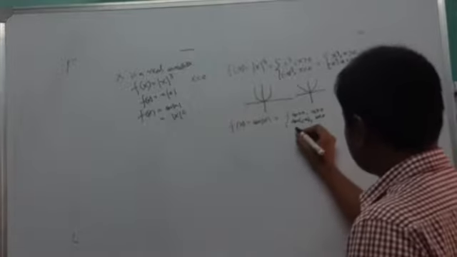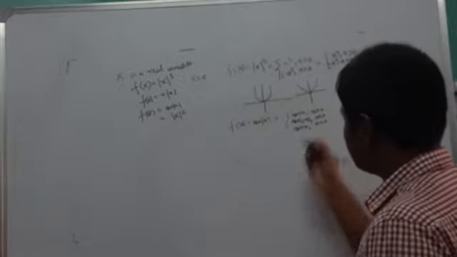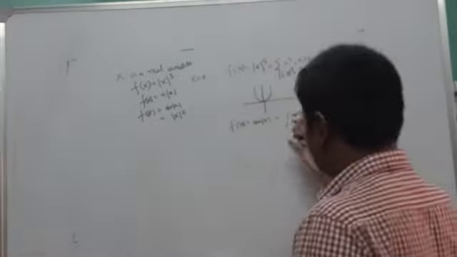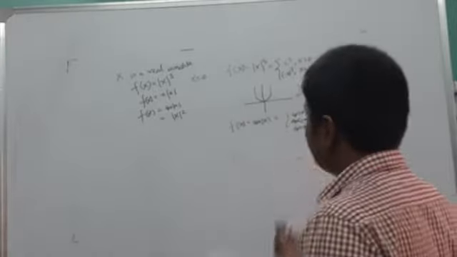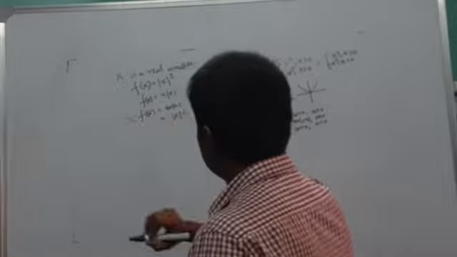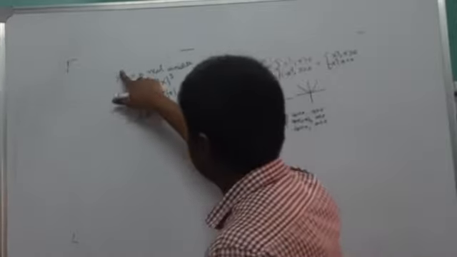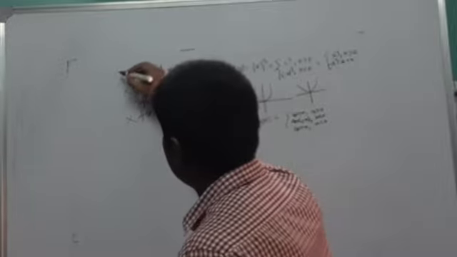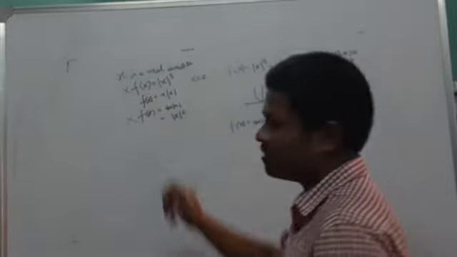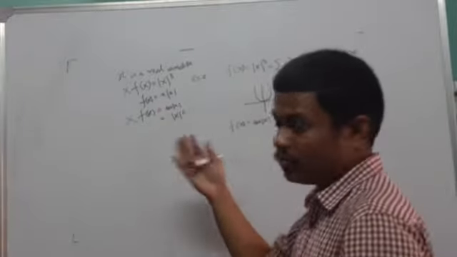But cos of minus x is cos x by symmetry, which means it's a smooth function and it has no discontinuity in any of its derivatives. So we can rule this out, and we have also ruled out number 1. By the way, this should not be confused with x. This is just a cross mark that I'm using for ruling out the options.